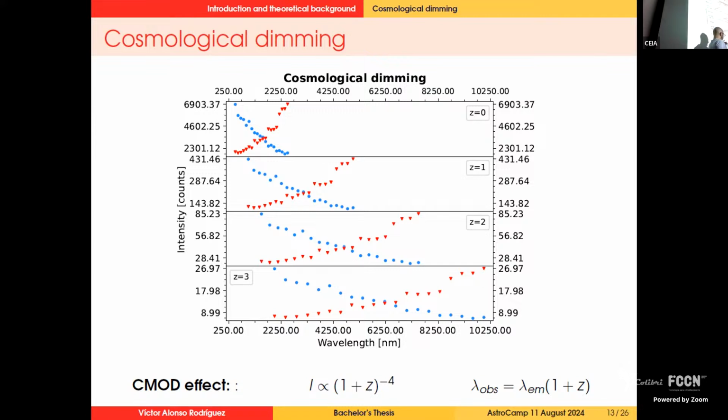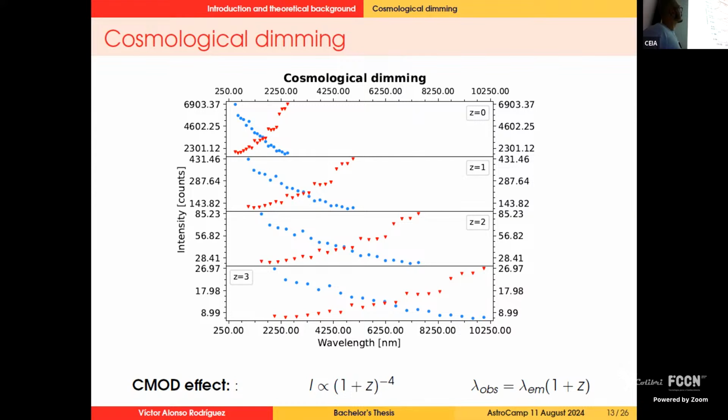But the change in the wavelength is not the only thing that redshift produces, because redshift also produces a decrease of the intensity of the light with this factor. And we can see here that if we take redshift 0, we have almost 7,000 counts. This is an intensity. But if we take redshift 3, we just have 26 counts. So we were receiving 7,000 photons, and now we are receiving just 26 photons, with just 3 steps of redshift.